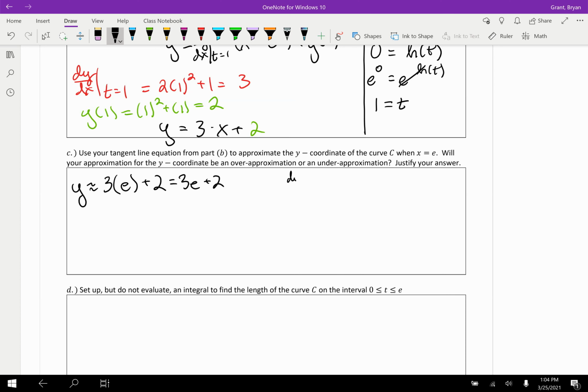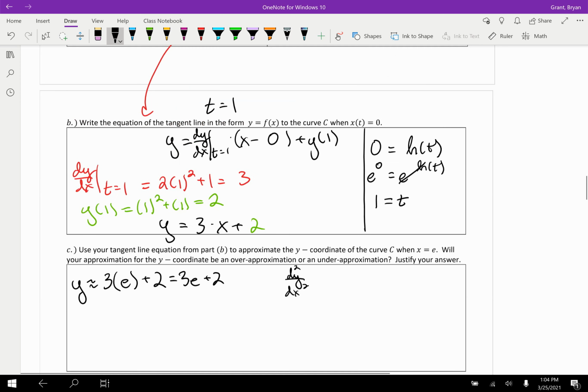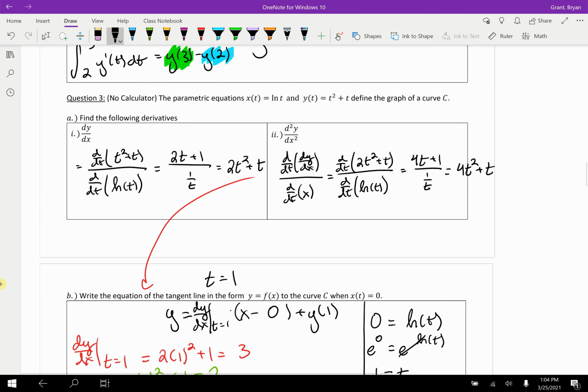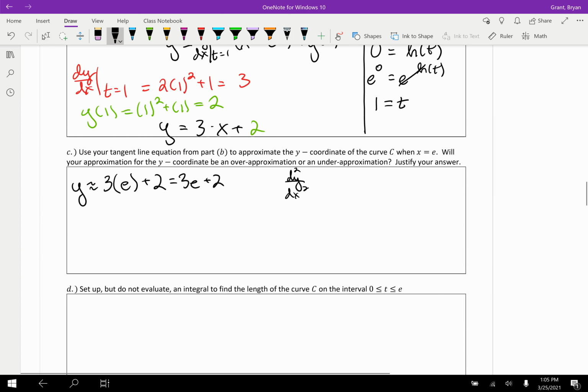Let's find the second derivative, d squared y over dx squared, evaluated when x equals e. But unfortunately, I think our second derivative is in terms of t. Well, that's a little frustrating. Could we use the fact that x equals e to find our time? I think so, because we know our equation for x of t is natural log of t, and they told us when x is e.